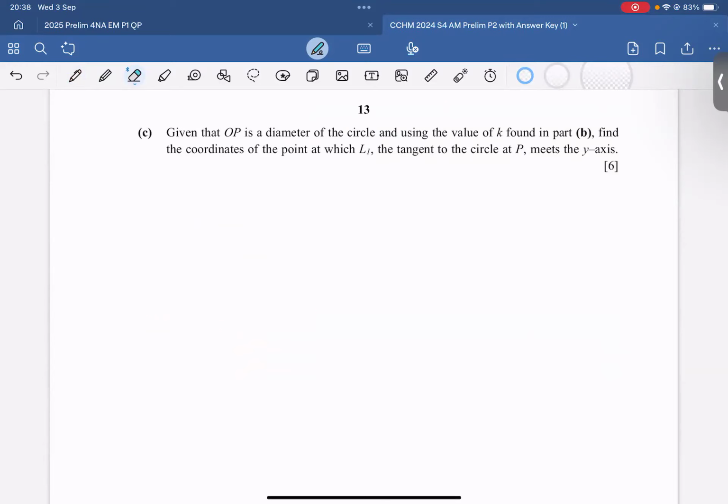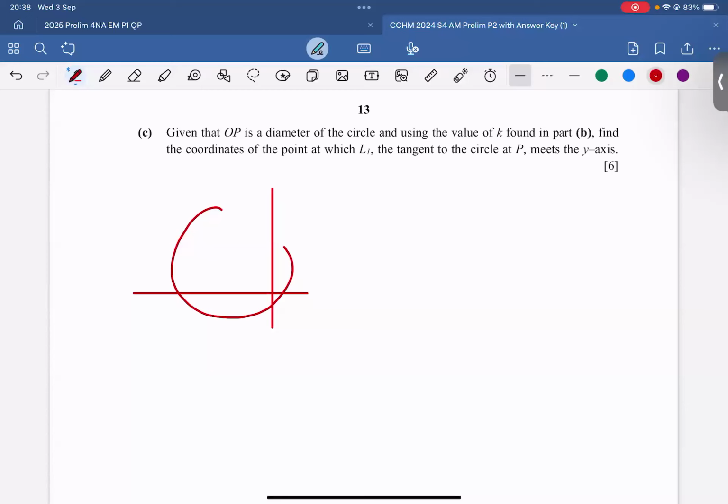Actually, it doesn't really matter. But just to make it more accurate, I should draw the circle first. So, given that OP is the diameter, that means this is the diameter. This is my P.